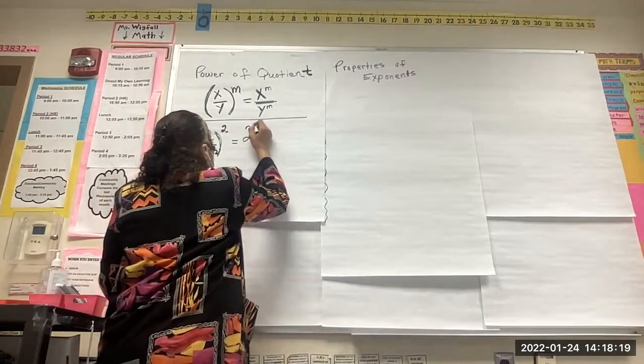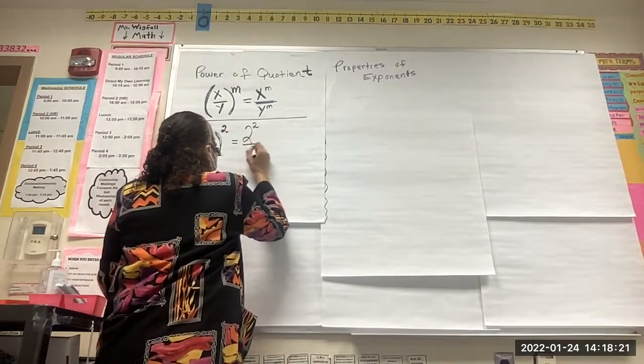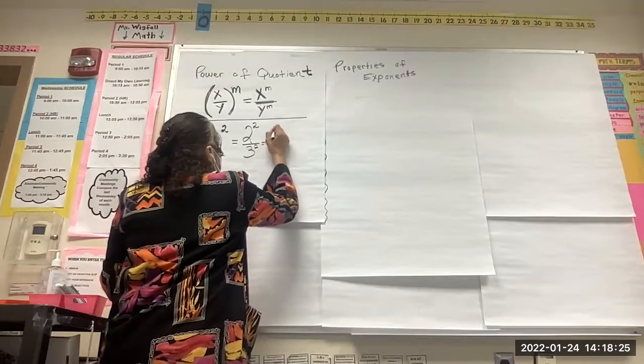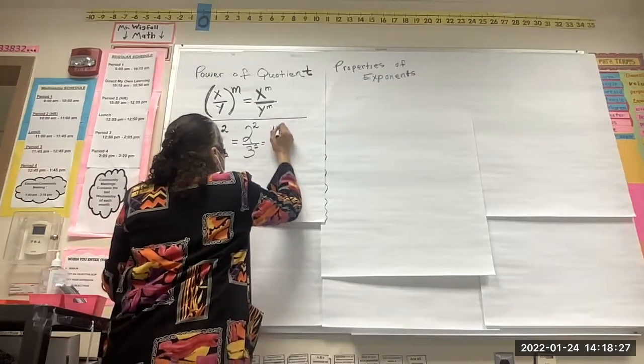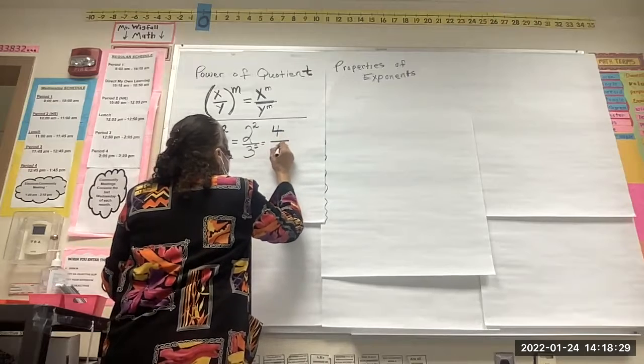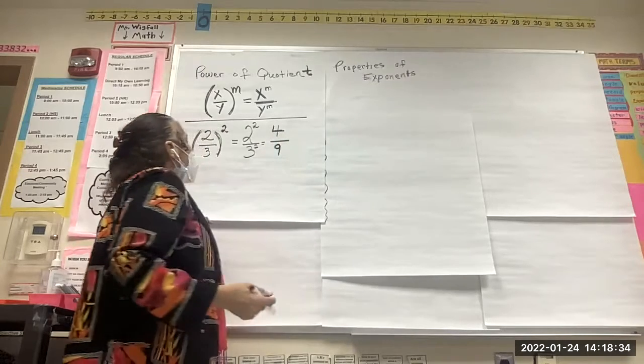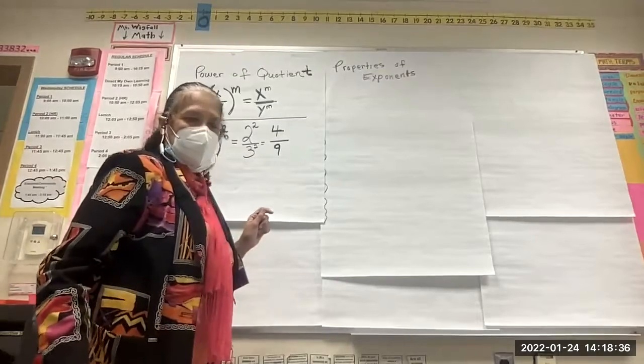So that's 2 to the power of 2 divided by 3 to the power of 2. We all know that 2 to the power of 2 is 4 and 3 to the power of 2 is 9. So therefore the result is 4/9.